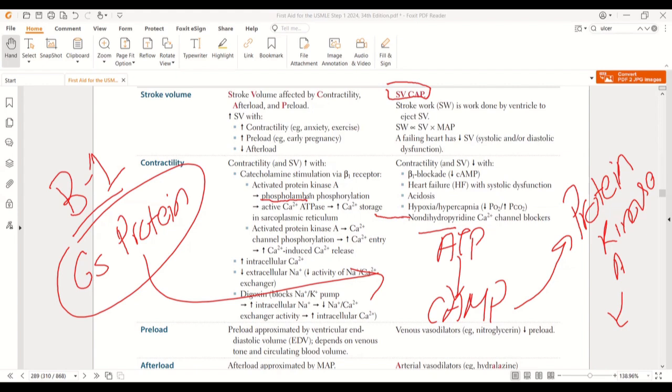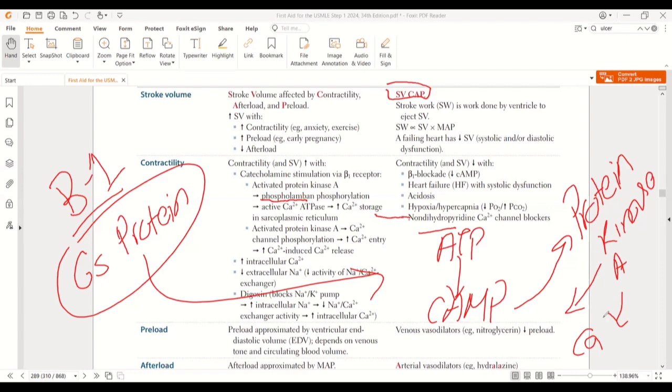So if you phosphorylate it, this protein kinase A will also lead to calcium influx. The calcium influx is important for contractility.